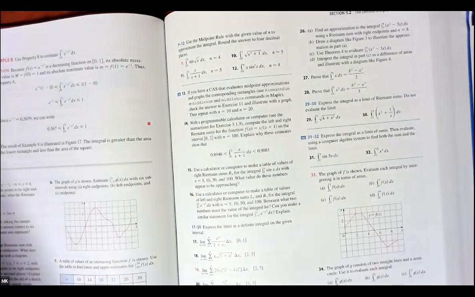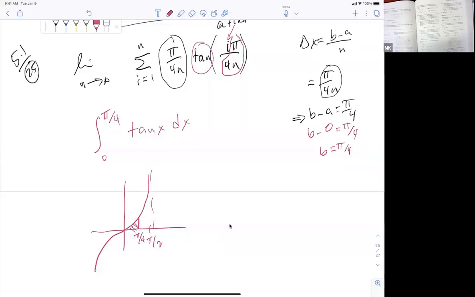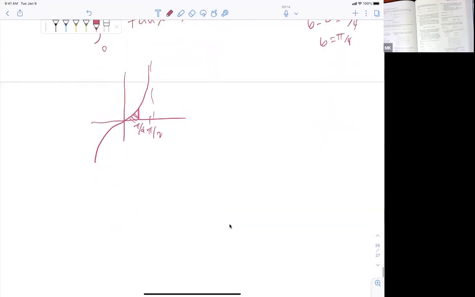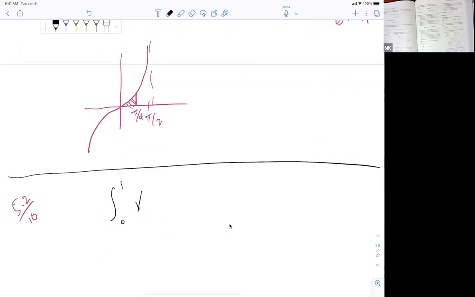I'm doing the midpoint rule, and number 10 gives me a function with the integral from 0 to 1 of the square root of x cubed plus 1 dx, and they say the n you're using is 5.